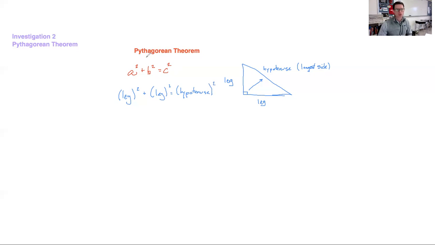This is true. This is the shorthand, the abbreviated version of this formula in blue, where a and b are always my legs and c is my hypotenuse.